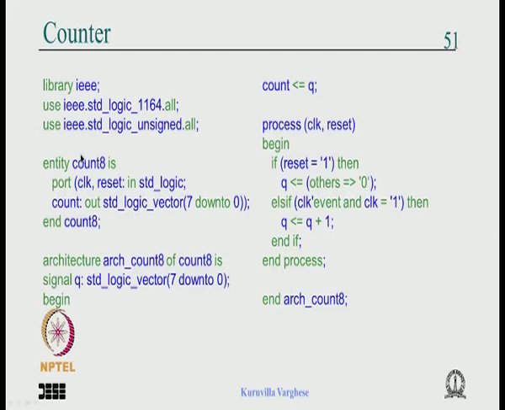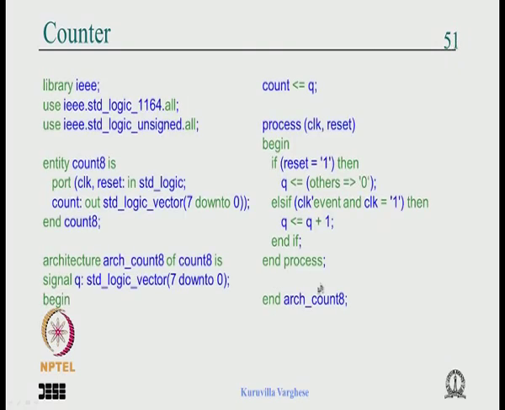So in this code, notice the use of this particular package and the way we use a signal to overcome the limitation of the output type of port, because if you define something as output, then it cannot come on the right hand side of an assignment, because then it is treated as an input. But if you declare a signal, it has no limitation, so we overcome it by this method, and this is something which you should keep in mind.